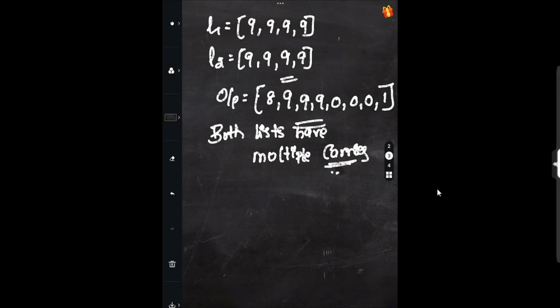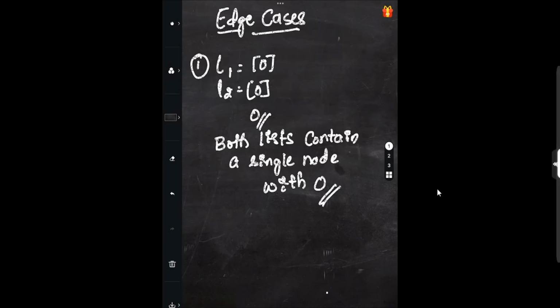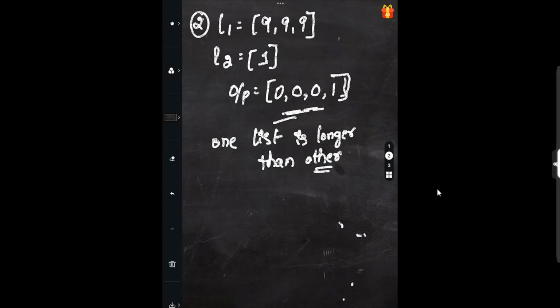So I hope this is completely clear. These are the 3 edge cases that we need to keep in mind. First, both lists contain a single node with 0. We can clearly see here. And the second one is one list is longer than other. You can clearly see here, this list consists of 3 elements and this list consists of only one element.